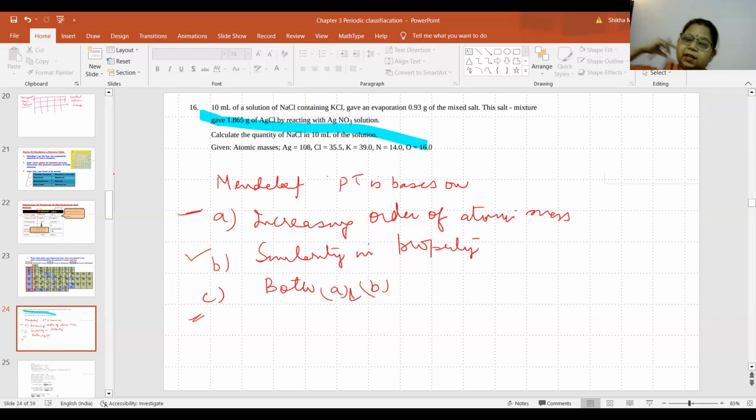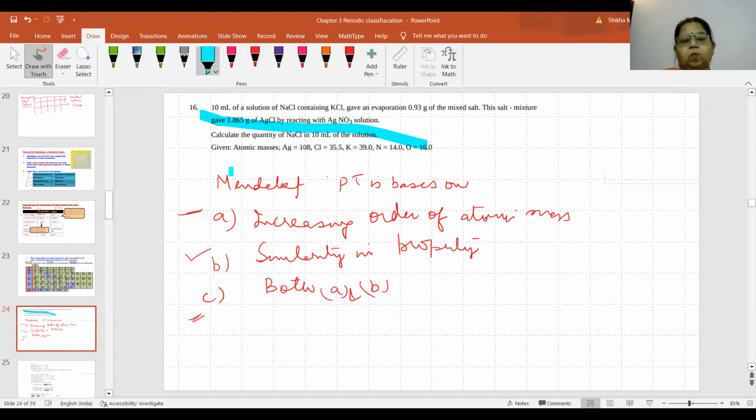That means, if I word my question as Mendeleev's periodic table is based on, definitely the answer is 1. It is based on increasing order of atomic masses. So if you read the question carefully, it has to be option 1.